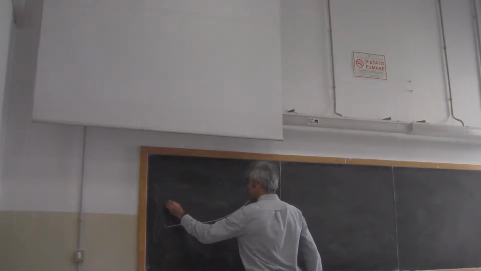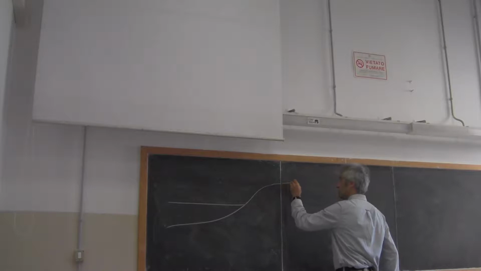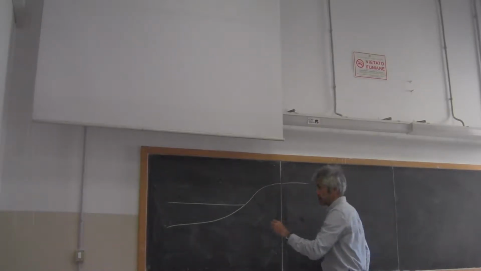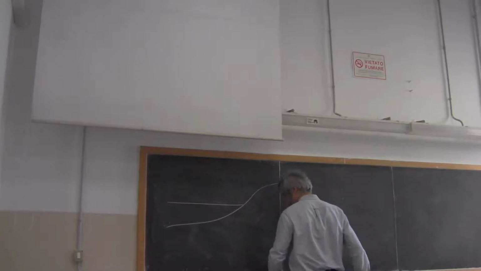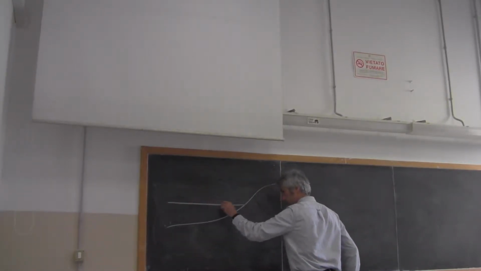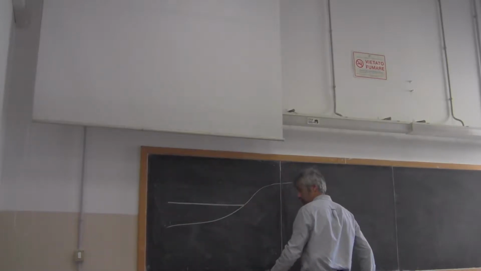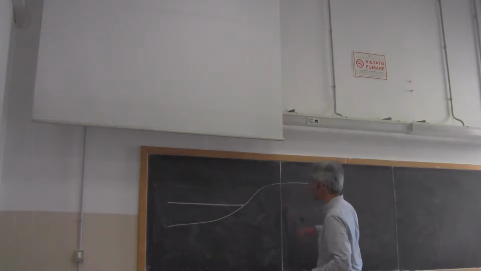we have this cross-shore profile of land and seabed. This is sea level. And here we have the seabed and here the land.